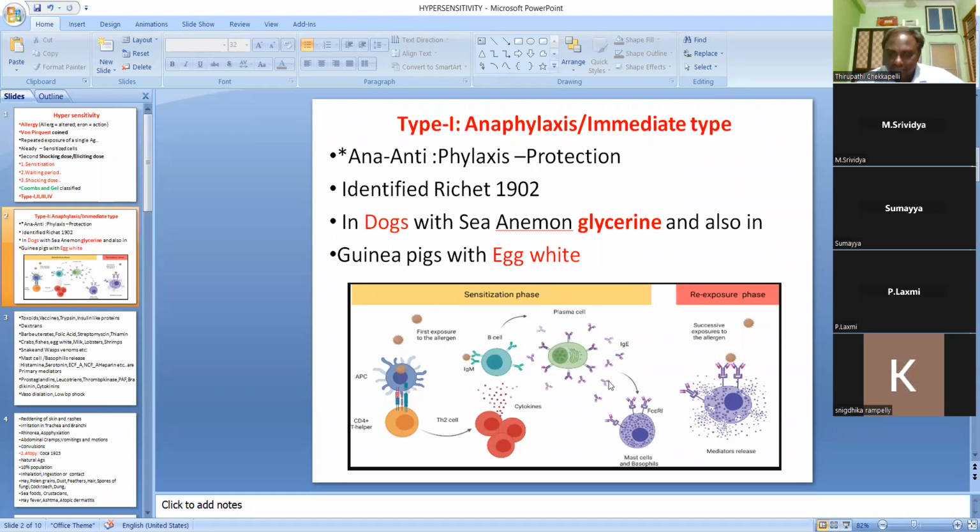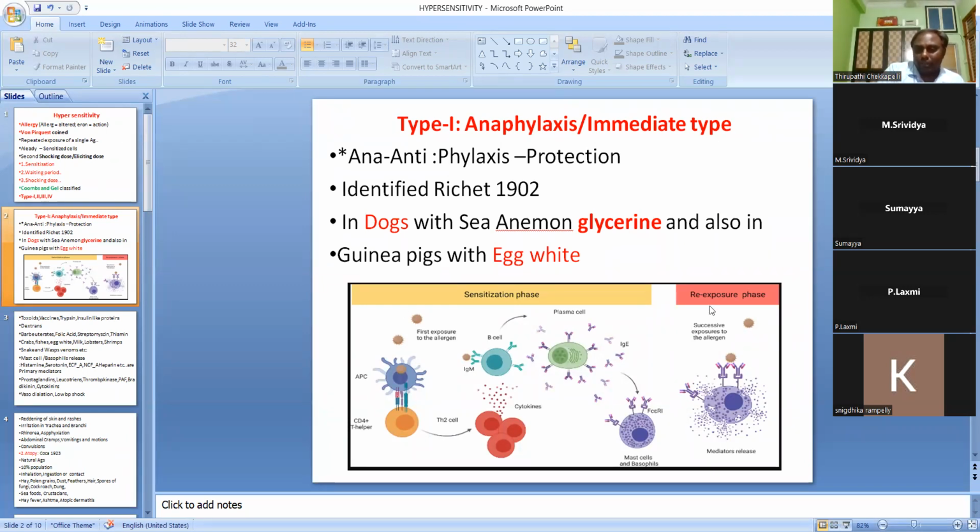So when the antibodies are released the first time, they go and bind to these special membrane bound antibody receptors. They get attached here. So in this first case, there will be no reaction.